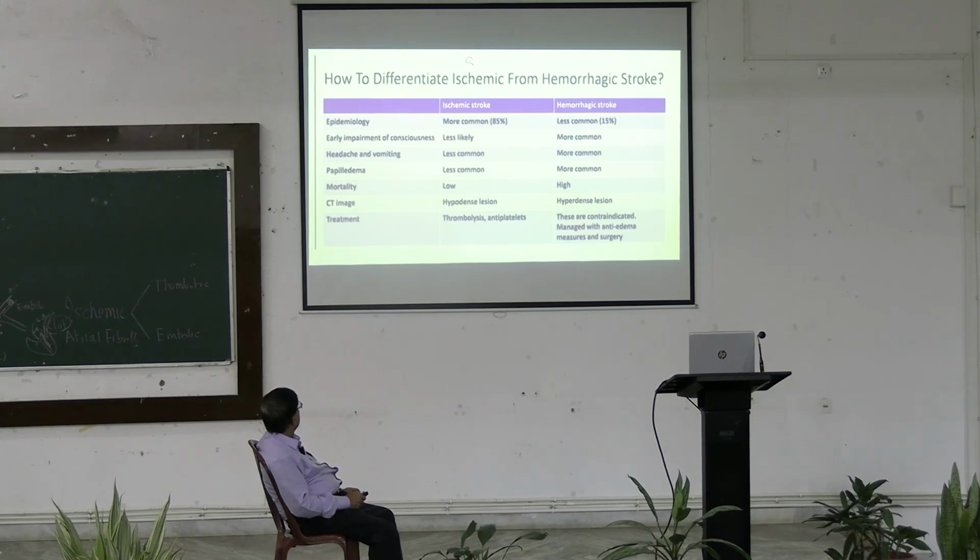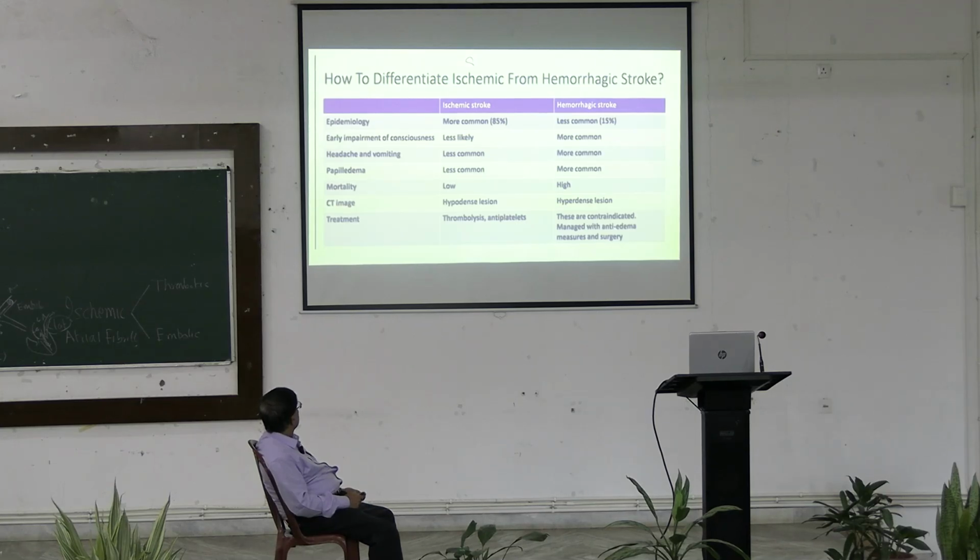But in hemorrhagic stroke there is a more sudden onset, with early impairment of consciousness. Then headache and vomiting are less common in ischemic and most common in hemorrhagic stroke, because these are stormy events, like a storm that has come. Papilledema is less common in ischemic and more common in hemorrhagic, because if blood is added to the brain volume, it will raise intracranial tension, which can cause papilledema.